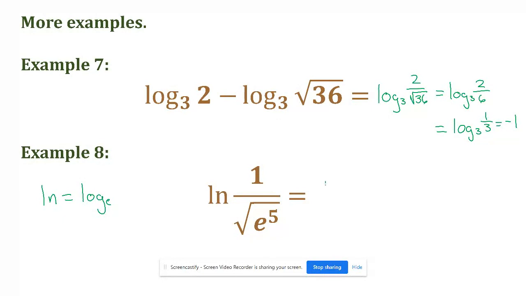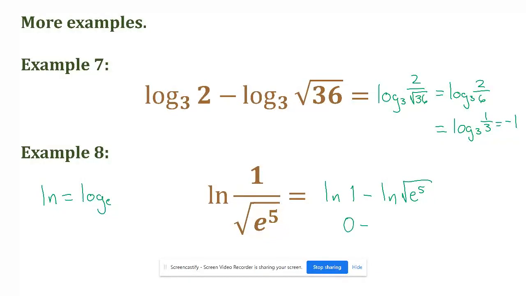We're going to say ln of 1 minus ln of radical e to the 5th. So what we can do here, ln of 1, any log of 1 is always going to be 0, because anything to the 0 power is 1, and that's the only way you get 1 is by taking something to the 0 power.